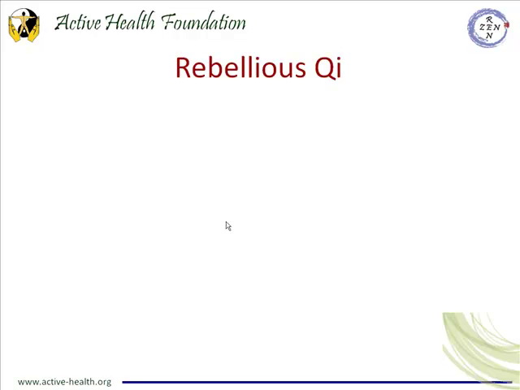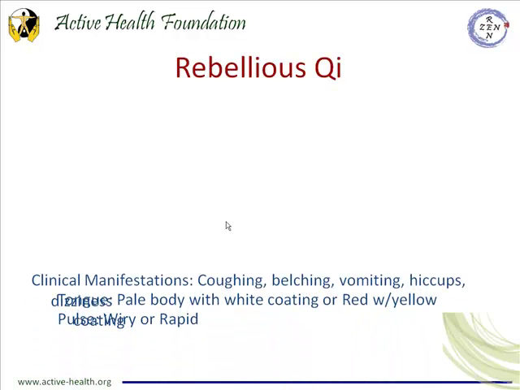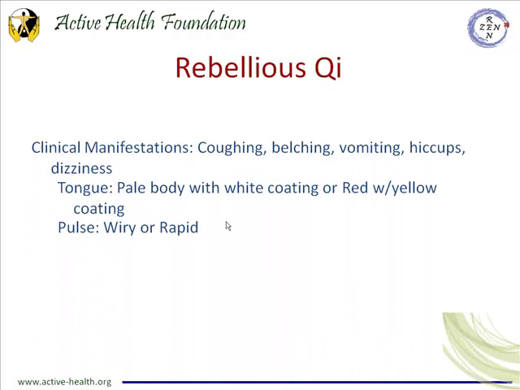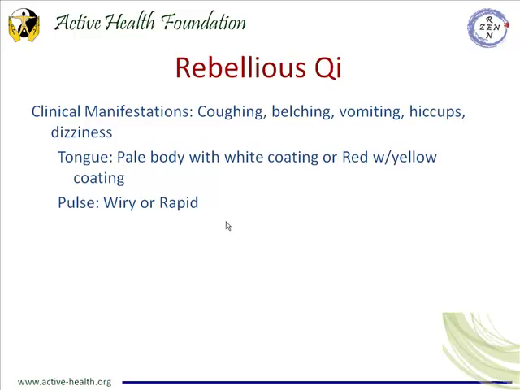When we look at rebellious Qi, we can see that rebellious Qi is where Qi goes in the opposite direction. So coughing, for instance, with regard to lung Qi, belching regarding spleen Qi and stomach Qi, vomiting regarding stomach Qi. Hiccups can also be rebellious Qi, and dizziness can be rebellious Qi.